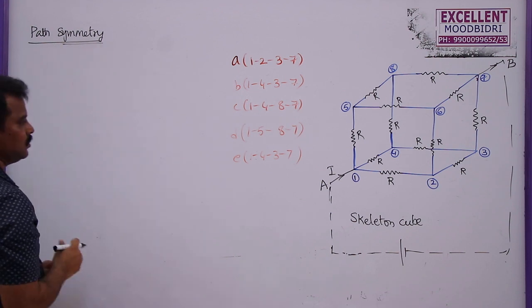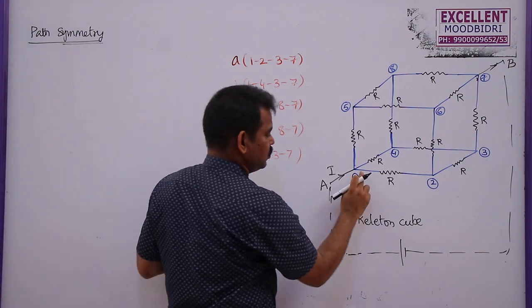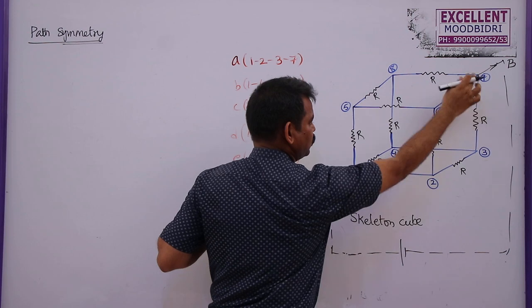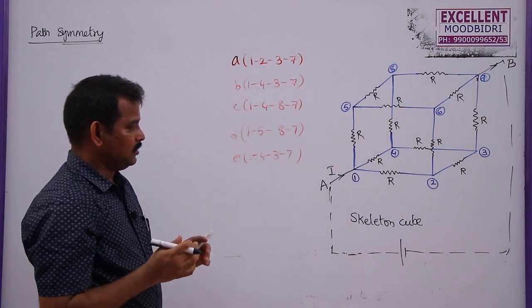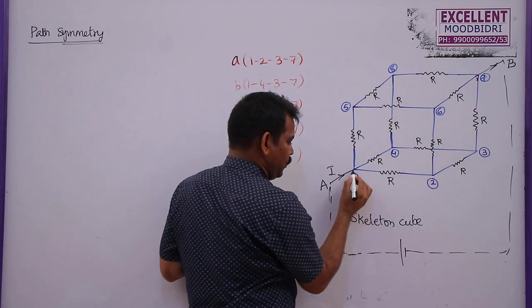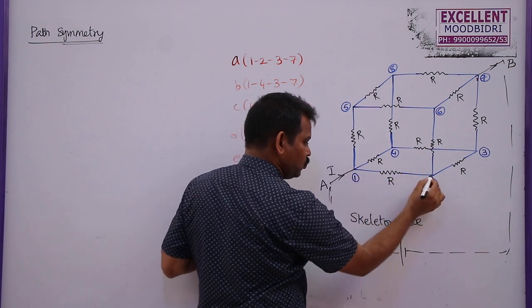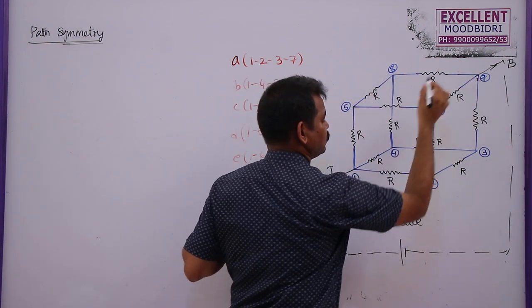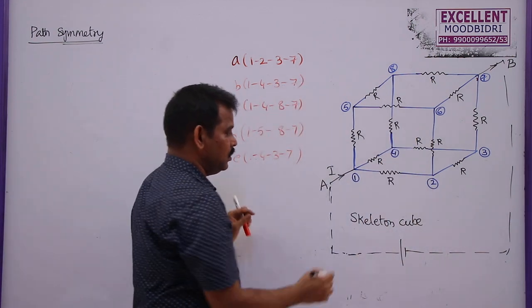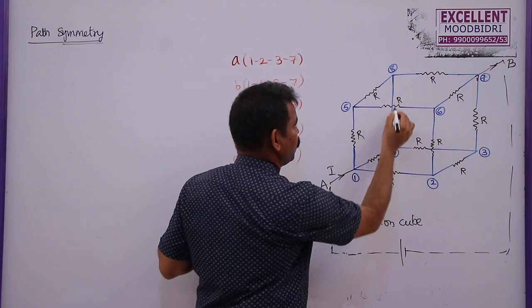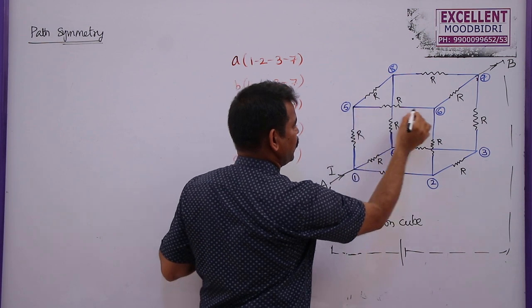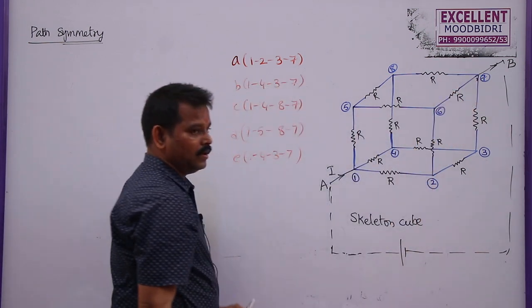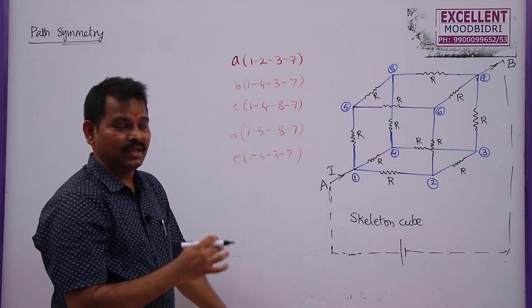So what are those paths? This one, 1, 2, 3. But you can see even this current can move from 1 to 2, 2 to 6, 6 to 5, 5 to 8, 8 to 7. It can go like that. Or 1 to 4, 4 to 8, 8 to 5, 5 to 6, 6 to 7. But these are different, longer paths.